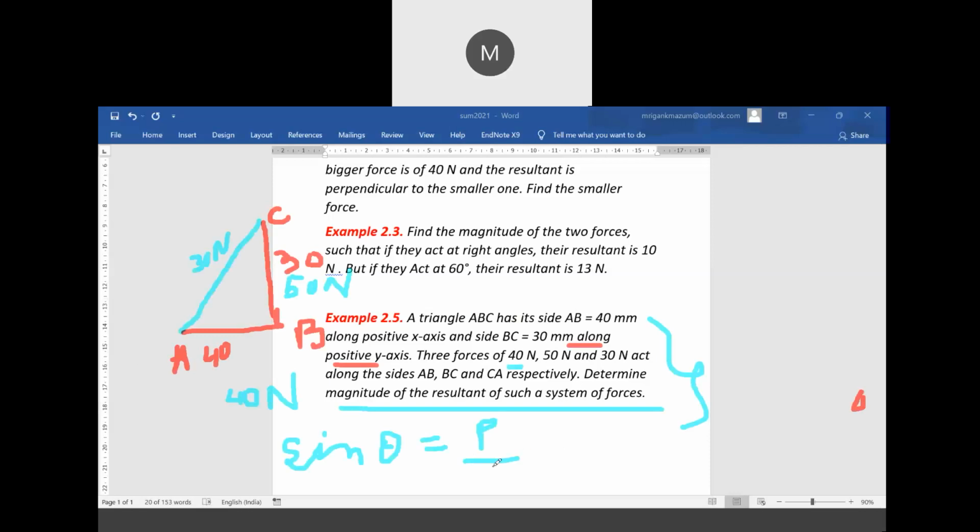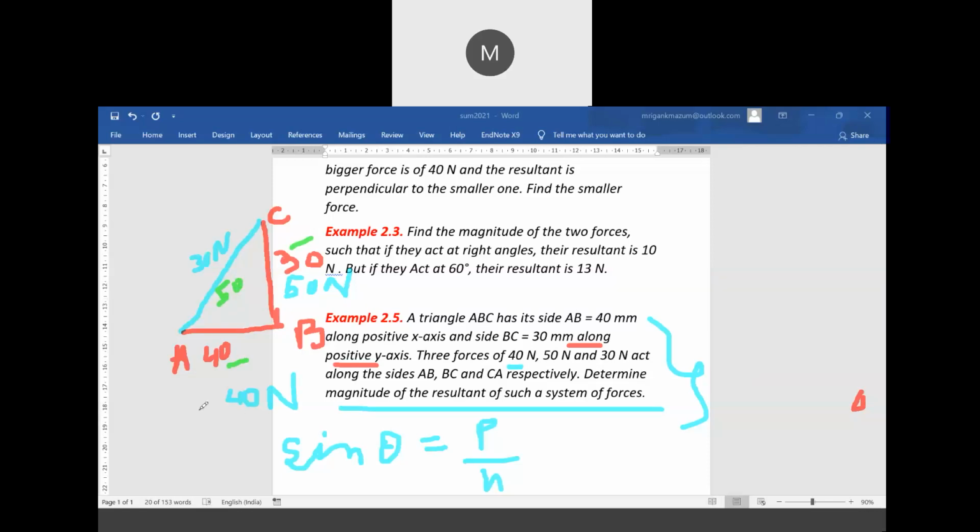Perpendicular by hypotenuse. Yes. Now this hypotenuse, that means this part. So if this is 30, this is 40, definitely hypotenuse will be 50. A square plus B square, that formula. Yes or no? Yes, sir. So from basic physics, this is 50.